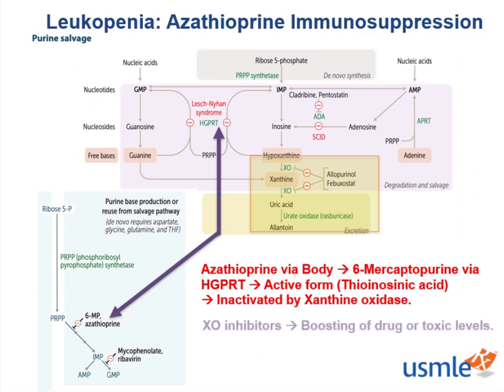Therefore, xanthine oxidase inhibitors like allopurinol and febuxostat can lead to boosting of drug levels or bring them to toxic levels that cause excessive leukopenia beyond the intended treatment effect. All of this biochemistry is very high yield for test day.